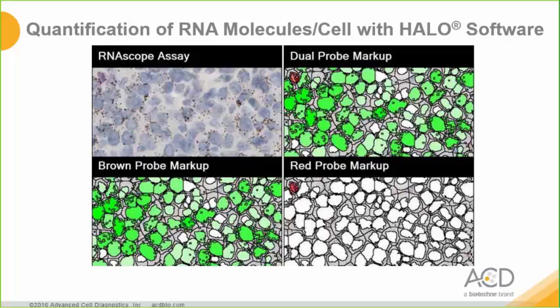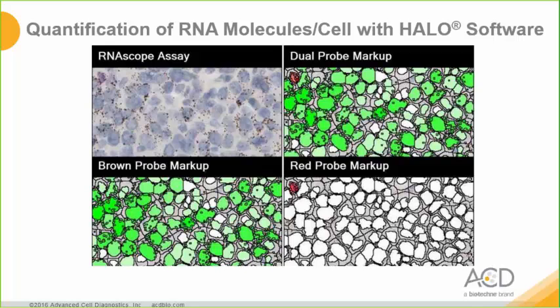HALO allows for real-time tuning of analysis settings. The algorithm then counts dots within each cell and bins and highlights each individual cell nucleus based on dot count into the categories, or bins, established. In the markup, darker shades indicate higher spot counts, while white nuclei indicate 0 dots.